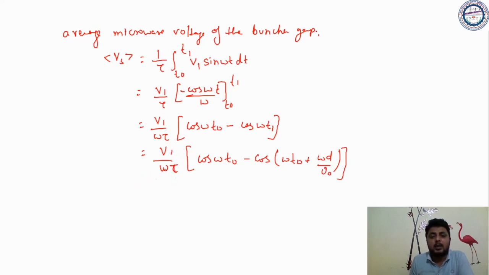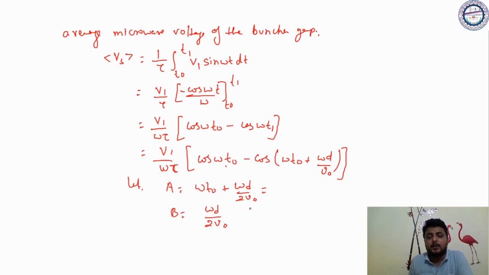Our ultimate goal is to find out in terms of theta g. So let us assume this omega t0 and omega t0 plus omega d by v0. Just try to take the one cosine term, or this minus sign term you just remove. So either you can use the trigonometric identity cos A minus cos B formula, or you just assume let A is equal to omega t0 plus omega d by 2 v0, and B is equal to omega d by 2 v0.